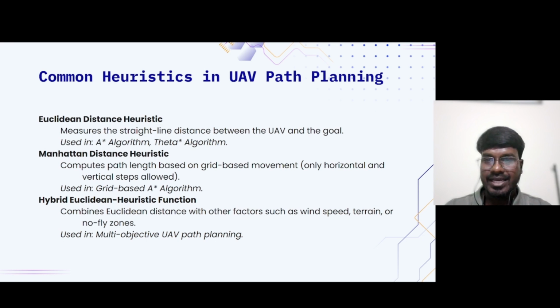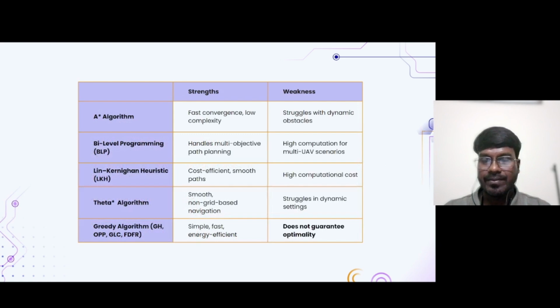Now let's talk about some algorithms used in heuristic. The first algorithm we are going to talk about is the A-star algorithm. A-star is a widely used heuristic search algorithm for UAV path planning due to its efficiency, optimality, and flexibility. It uses the concept of two algorithms. First is Dijkstra algorithm, and the second is greedy best first search algorithm.